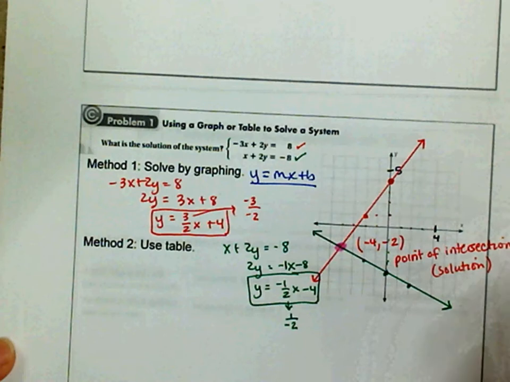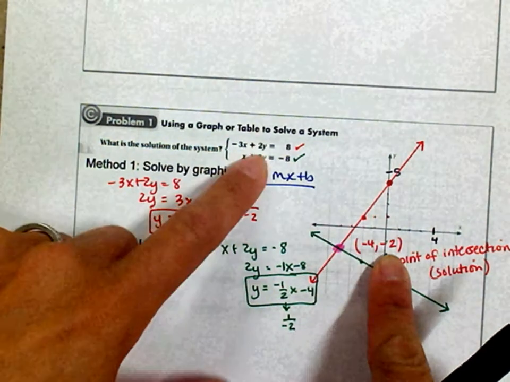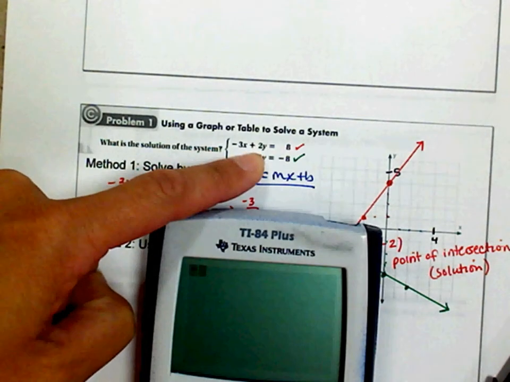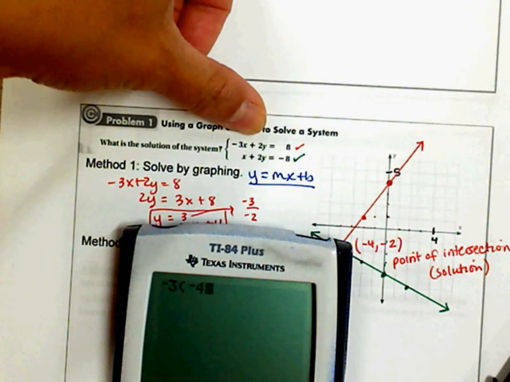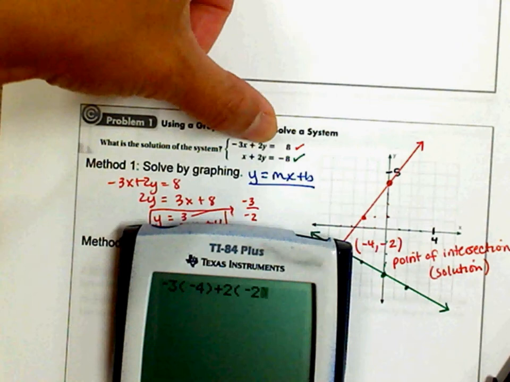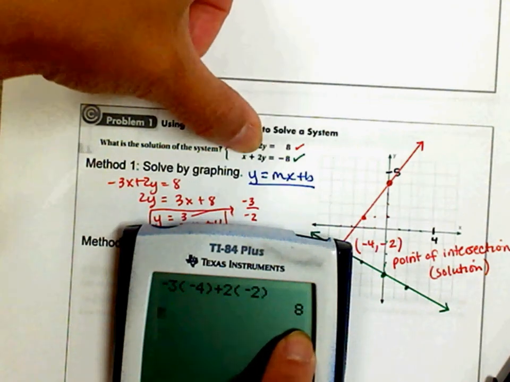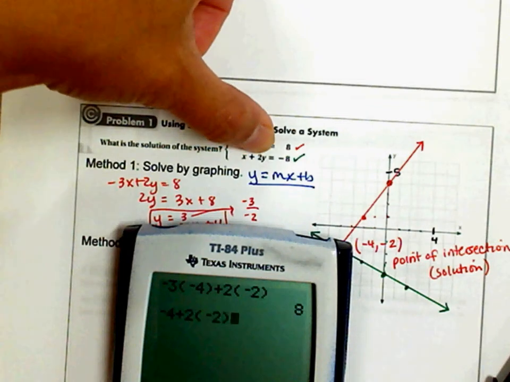So if I were to plug negative 4 and negative 2 in for this one, it's going to work. So let me show you. Negative 3 times x, which is negative 4, plus 2 times y, which is negative 2, equals 8. See how you have 8? And I plug into that one also. x is negative 4, plus 2 times y, which is negative 2, equals negative 8.